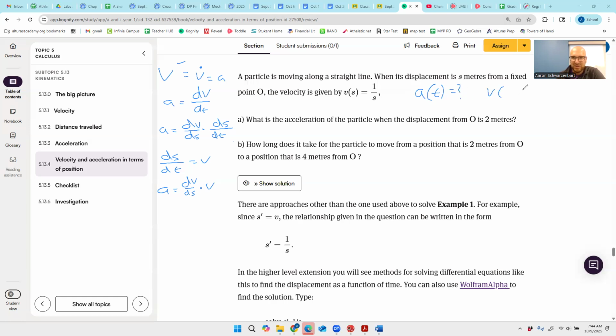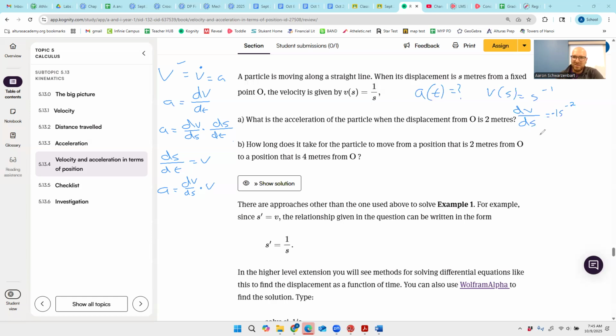This is what I'm looking for. v of s equals s to the negative first. So when I take the derivative of v of s, I get dv ds, because my independent variable is s, times negative 1, s to the negative second.